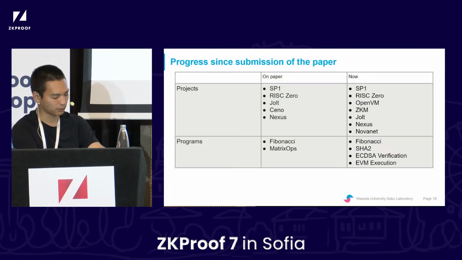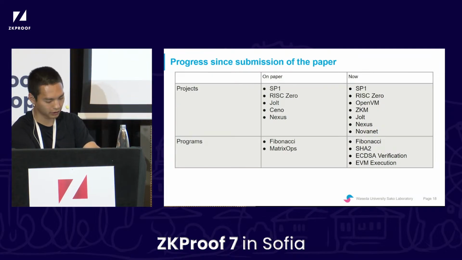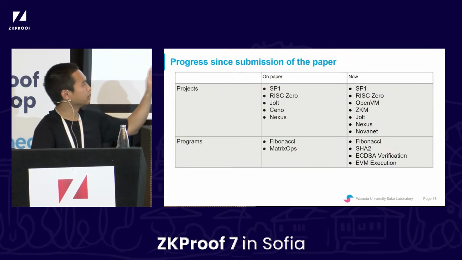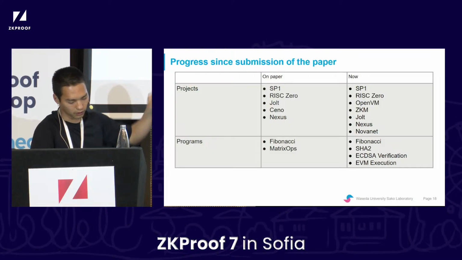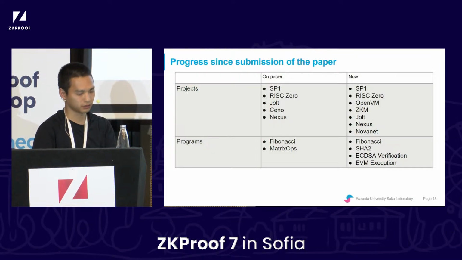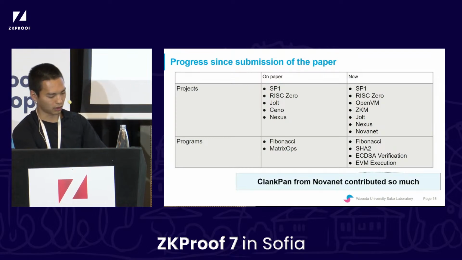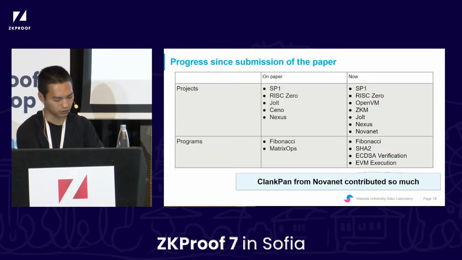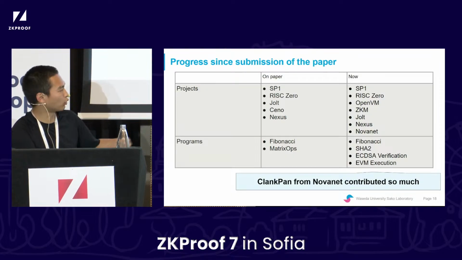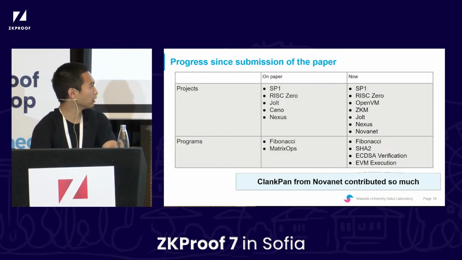Following ZKProof 7 reviews, we expanded to 7 projects and also added programs like SHA-2, ECDSA verification, and EVM executions, which are much closer to real-world use cases. The NovaNet team made significant contributions, such as supporting EVM executions, and we greatly appreciate their help.